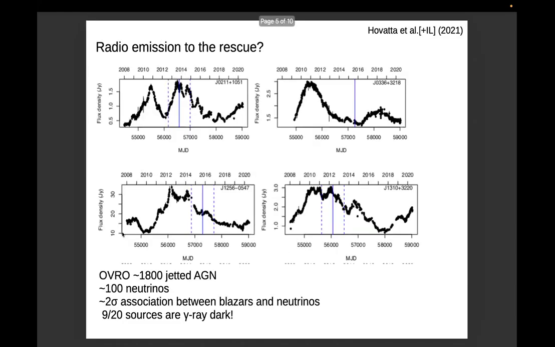But one of the ideas for starting with radio is that radio has the benefit that it traces the underlying jet power. And it's usually much slower than anything else. These flares last for years when you have this slow rise.